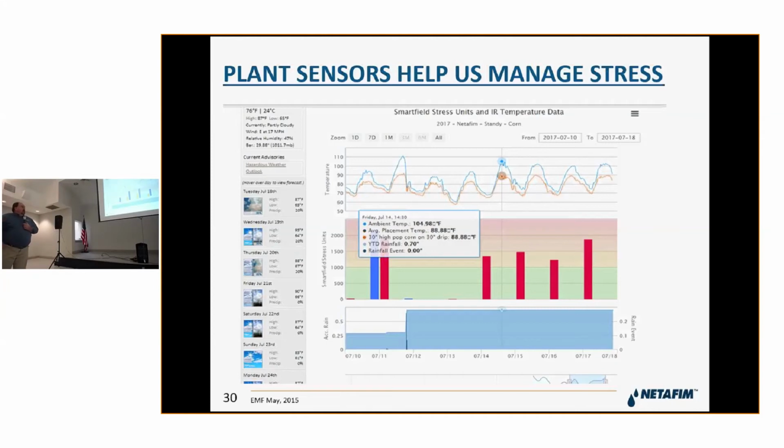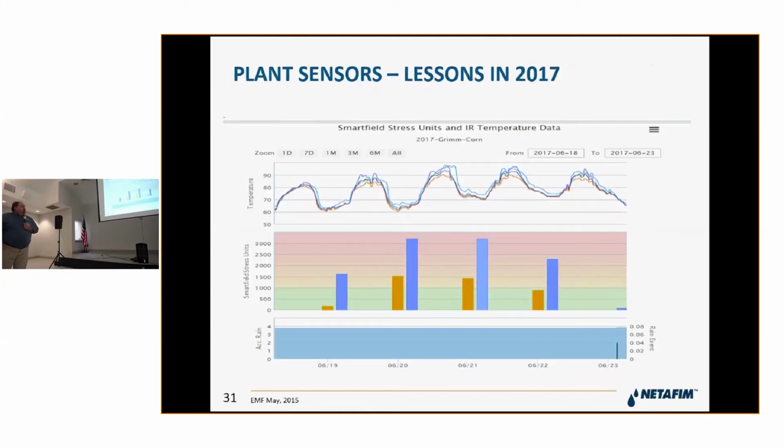So here's a location that's closer to us here, June 18th through 24th. And the same thing, it's the same algorithm. We have the ambient temperature and the plant temperature. There's not a lot of separation there, is there? We want to see separation. We're at about 90, here's about 95.